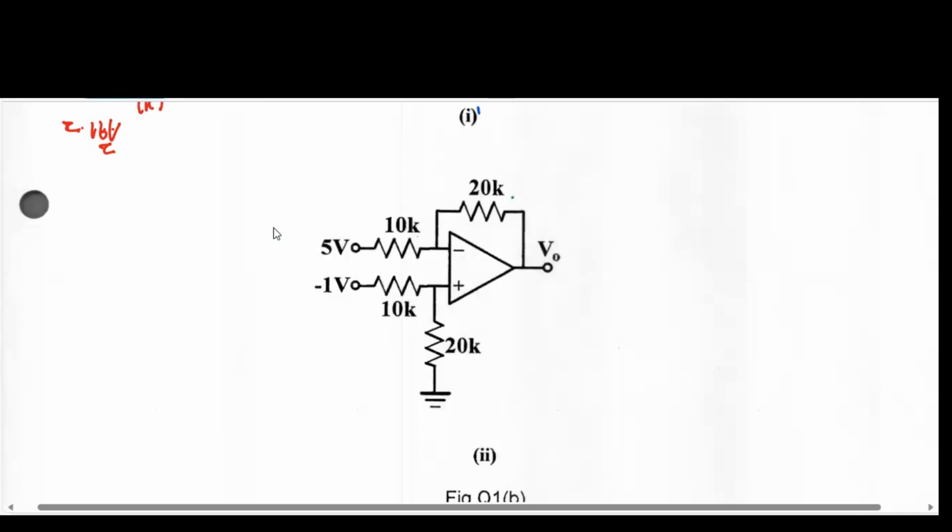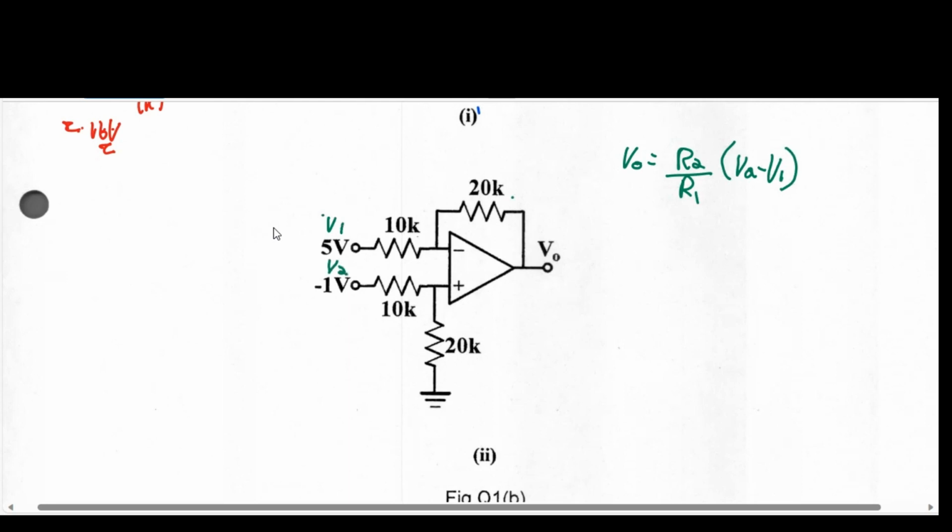Luckily this one didn't cascade. This is a differential amplifier, it has two inputs being compared. So Vout equals R2 on R1 times V2 minus V1. There's V1 here and V2 here.